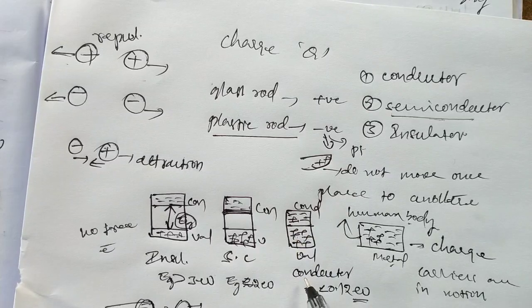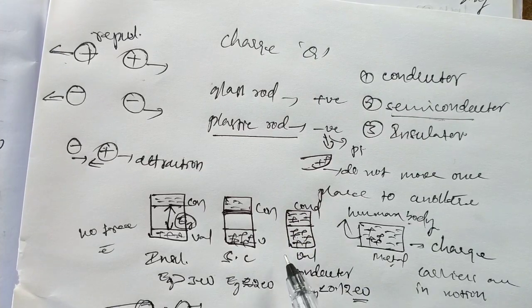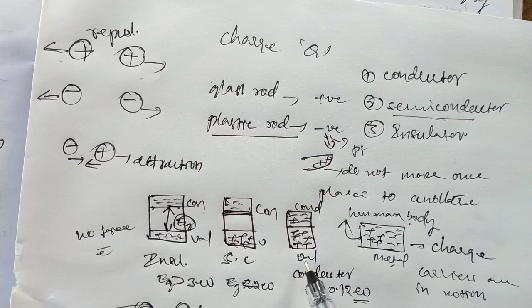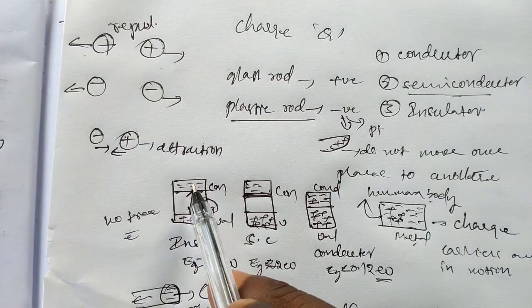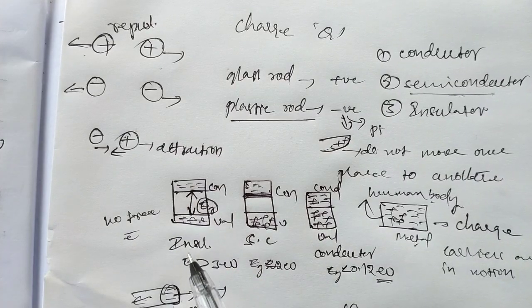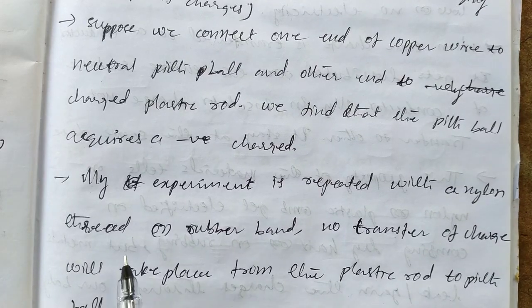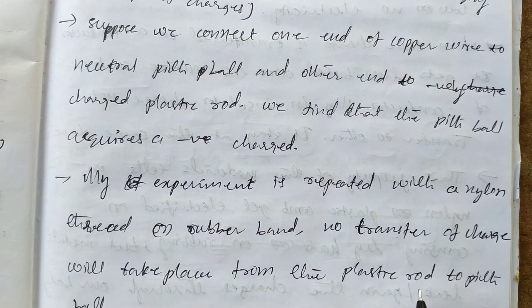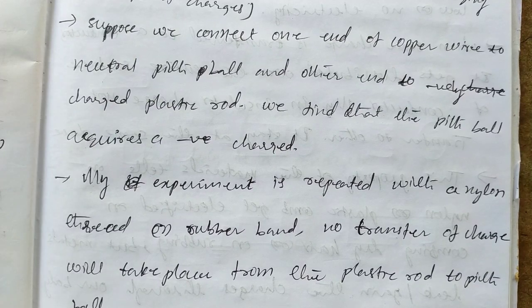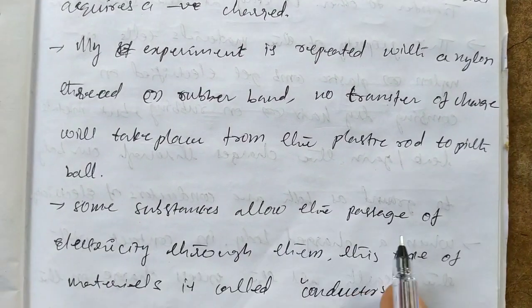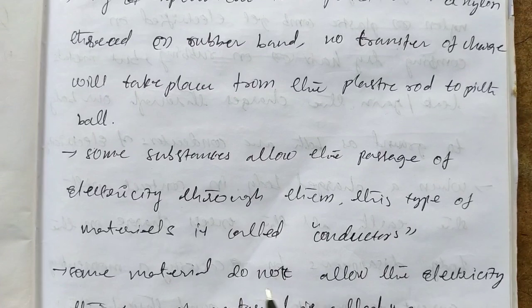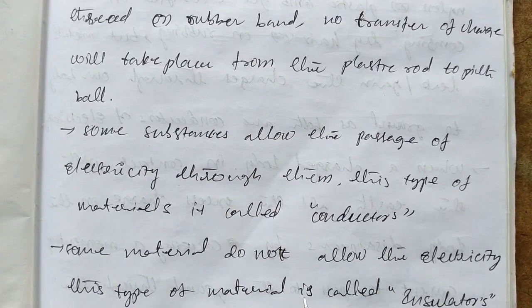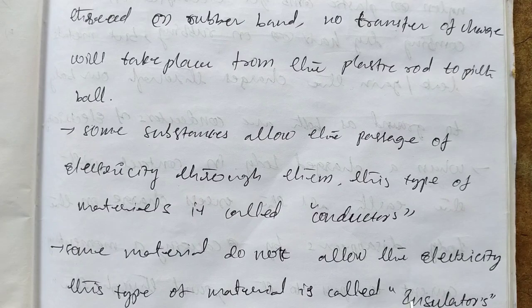When charge carriers move from one place to another, this type of material is called a conductor. Materials that do not transmit charge carriers from one place to another are called insulators. So thread, rubber, glass and plastic are insulators. When a substance allows electricity to pass through it, it is called a conductor. If it does not allow electricity through the material, it is called an insulator.